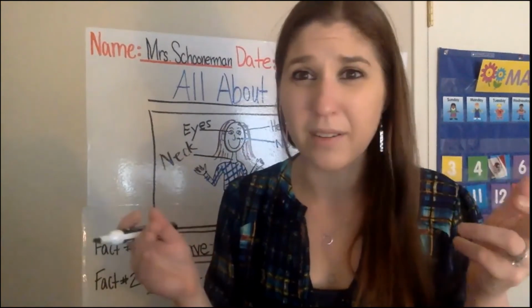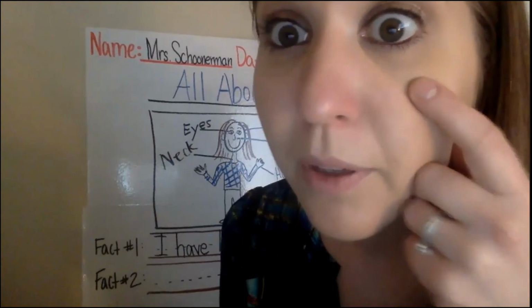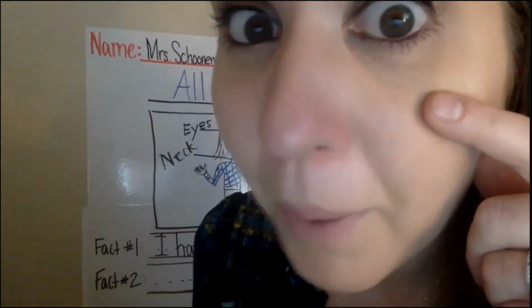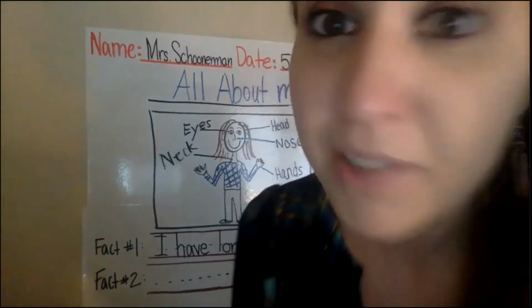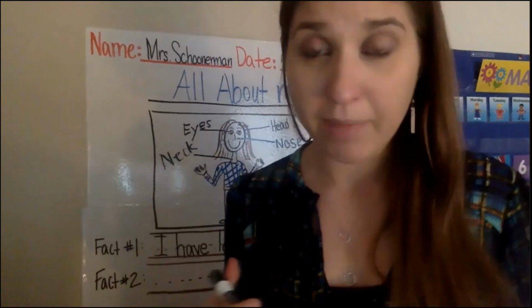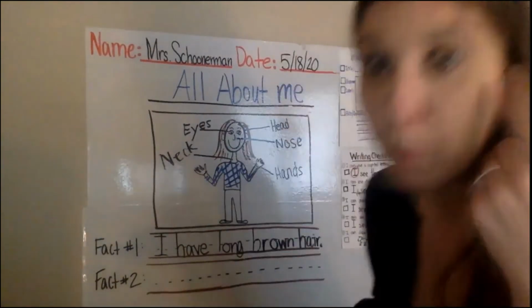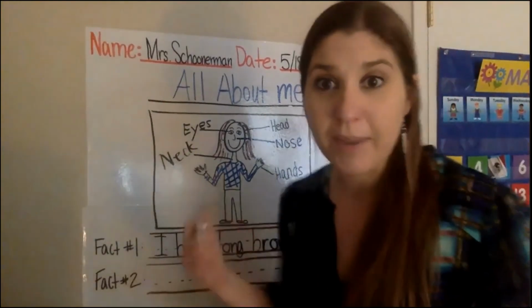There's no one color. Right now they look super brown, but if you look really closely, oh, I'm getting really close. You can see there's different colors in there. There's not just one color. They're called hazel. That's a fact about me. That's something we can prove. I just proved it to you by showing you. I have hazel eyes.